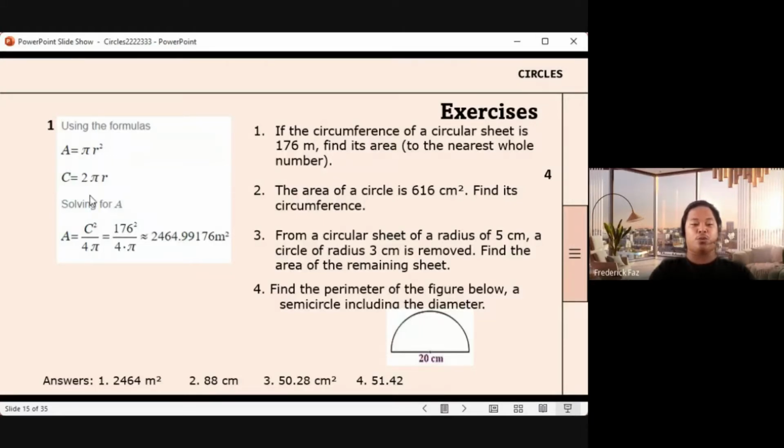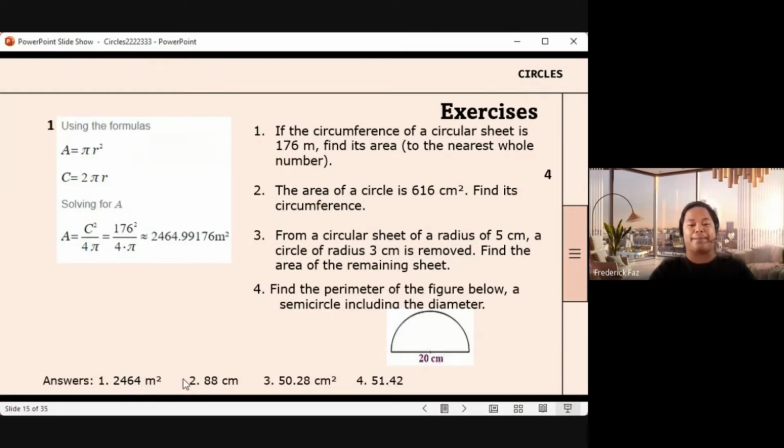If we substitute 2 pi r here over 4 pi, we have pi r squared po. So, we have 176 squared from the circumference, times over 4 times pi, which is approximately equal to 2464.99 square meters.